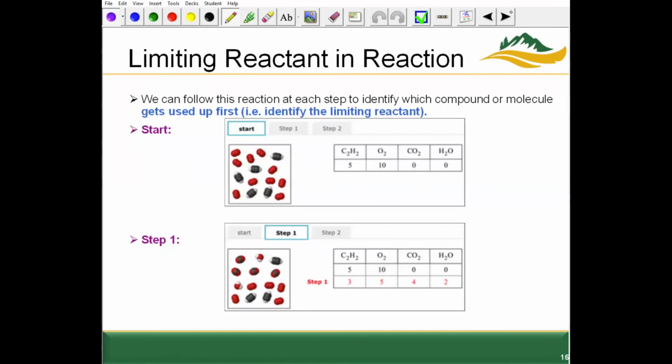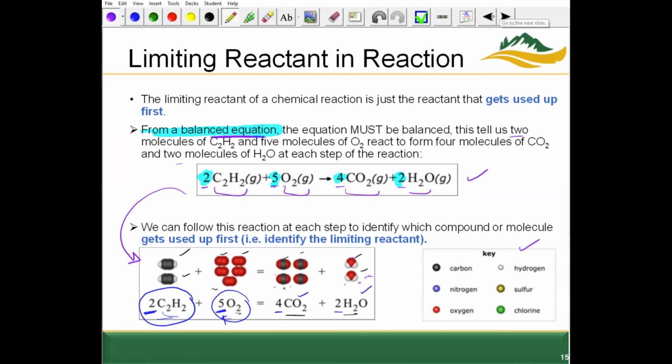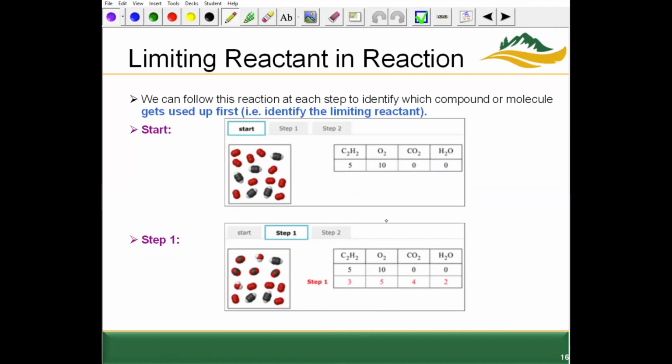So from that balanced reaction, we again know that for every 2 molecules of C2H2, 5 molecules of O2 are needed. Here in this picture, we're given a collection of these molecules. So they haven't reacted yet, but this is what we have to work with. For oxygen then, we have 1, 2, 3, 4, 5, 6, 7, 8, 9, 10.